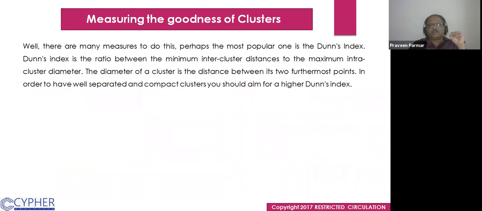Measuring the goodness of clusters: there are many measures to do this. Perhaps the most popular one is the Dunn index. The Dunn index is the ratio between the minimum intercluster distance and the maximum intracluster distance, or diameter. The diameter of a cluster is the distance between its two furthermost points.